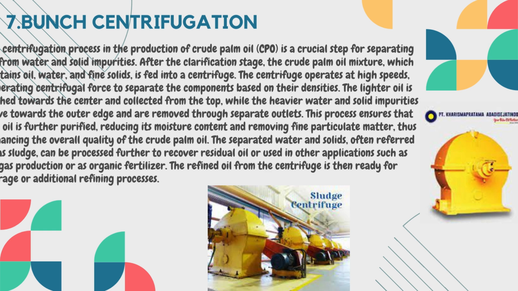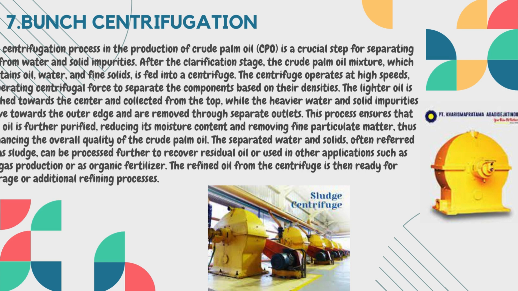The next one is bunch centrifugation. The centrifugation process in the production of crude palm oil (CPO) is a crucial step for separating oil from water and solid impurities. After the clarification stage, the crude palm oil mixture, which contains oil, water, fine solid, is fed into a centrifuge. The centrifuge operates at high speed, generating centrifugal force to separate the components based on their densities.